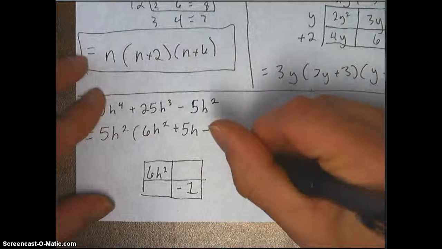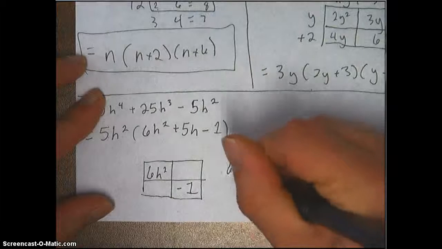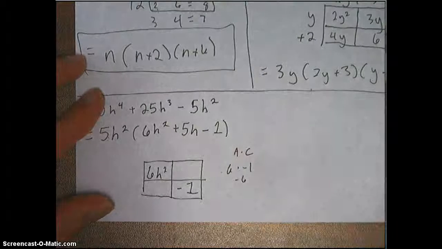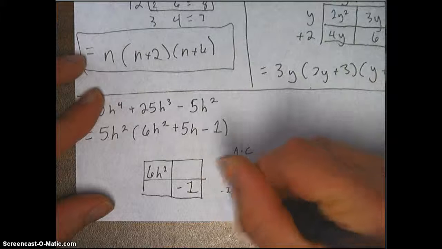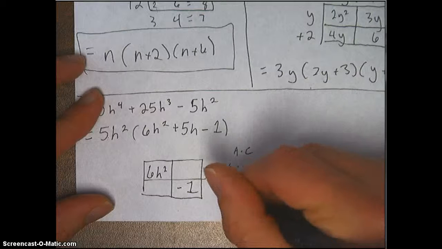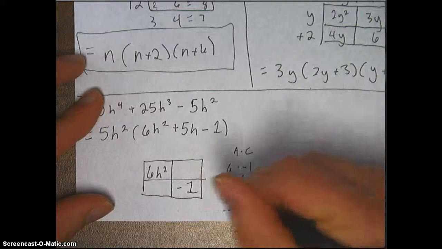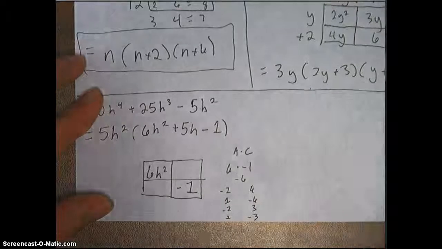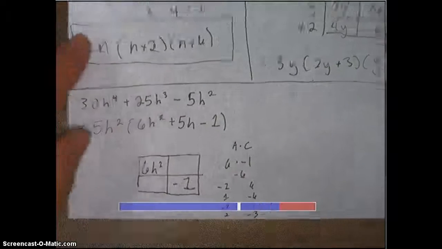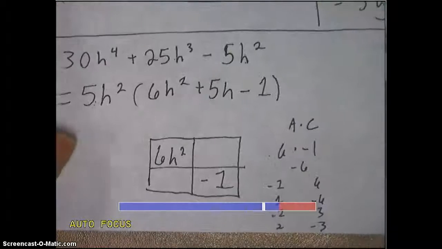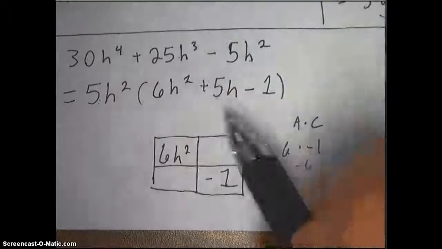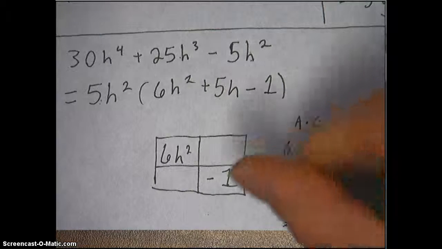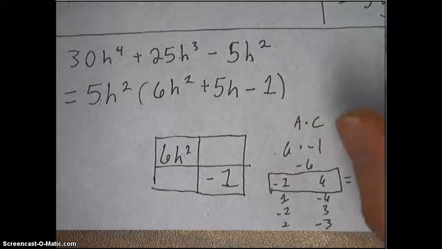Well, I'm going to take a times c, which is 6 times -1, which is -6. What are all the factors of -6? Well, there's -1 and +6, +1 and -6, -2 and +3, +2 and -3. And I need to know which one adds to +5. Well, hopefully you can see it's that first one we did. -1 plus 6 equals +5.